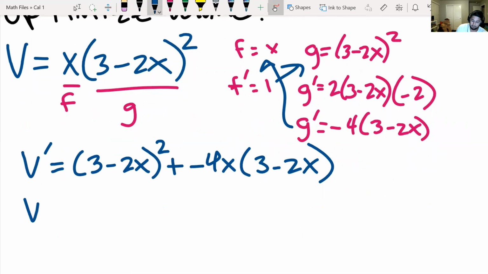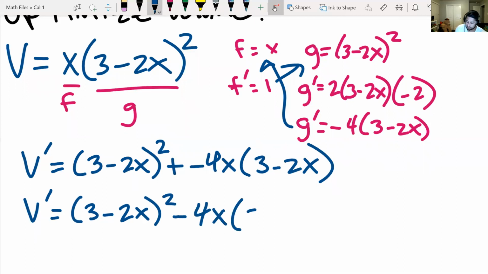And you get V prime is equal to 3 minus 2x squared minus 4x times 3 minus 2x.